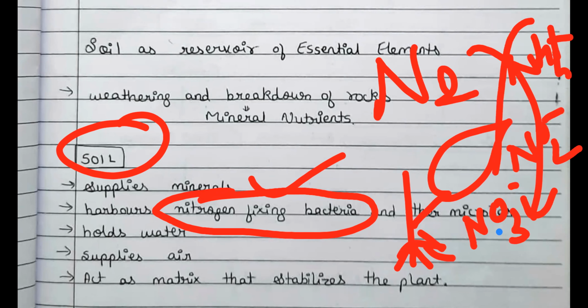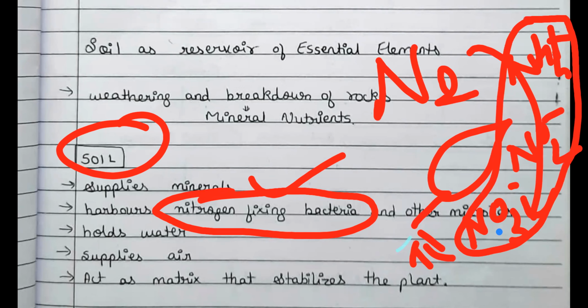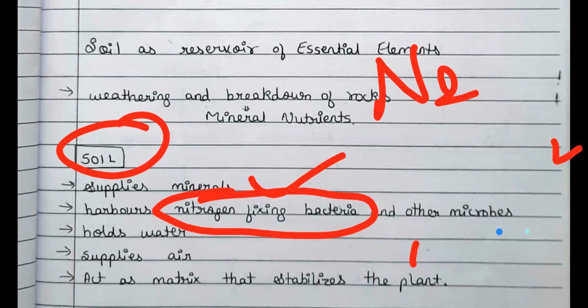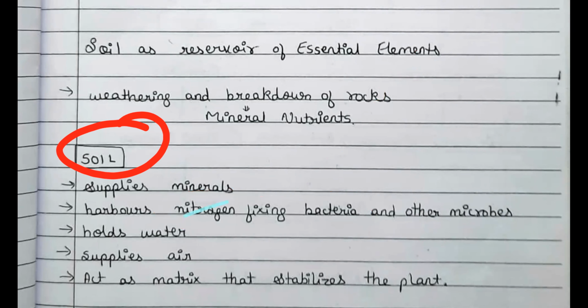For this, the microorganisms present in the soil work, converting diatomic nitrogen. Yes, chemosynthetic bacteria. Correct, Jugal. Nitrococcus, Nitrosomonas, Nitrobacter. These bacteria help convert atmospheric diatomic nitrogen into NO2 minus, NO3 minus, and ammonium.